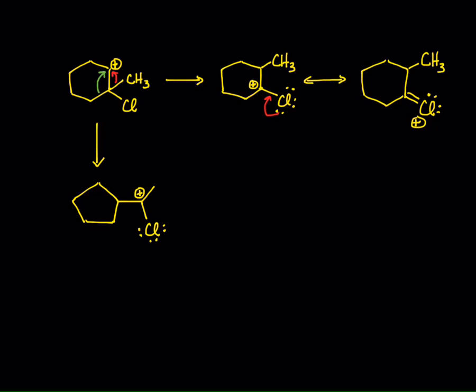Well, now I'm actually undergoing a ring contraction. I start with a 6-membered ring, I end up with a 5-membered ring. But notice the carbocation that I form again is attached to the chlorine. And so that chlorine can donate electron density, and I can show a resonance structure where the chlorine is stabilizing it. So both of these types of rearrangements are certainly possible.